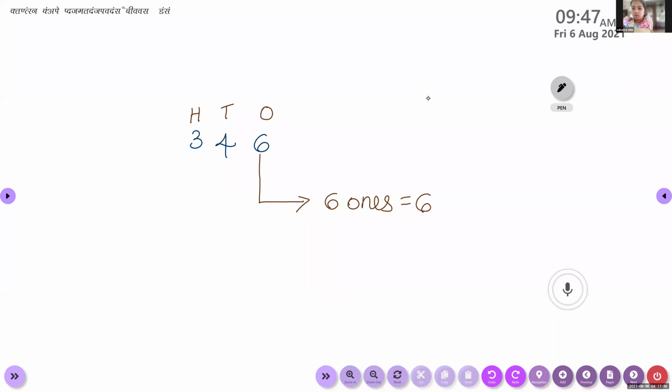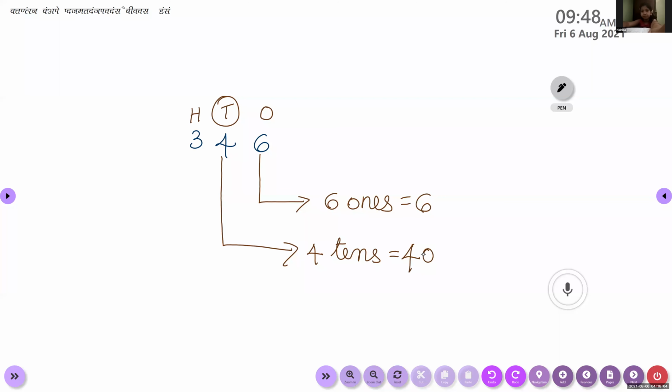6 ones is equal to 6. Like that, the place value of 4 is 4 tens. 4 tens is not equal to 4. 4 tens is equal to 40.